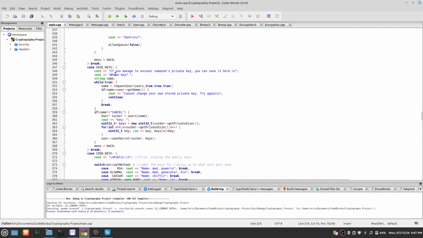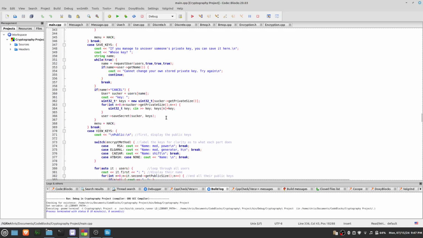And save keys. Very simple. We just save the key. We can't change our own key because, well, okay, it wouldn't break things, but it'd be very hard to explain. Like why we can't see our messages anymore, the messages that got sent to us while snooping.